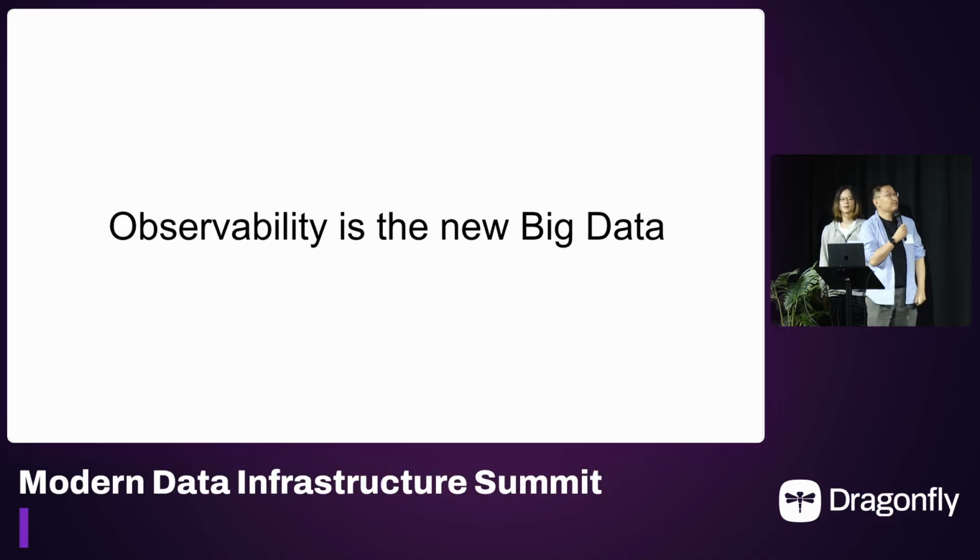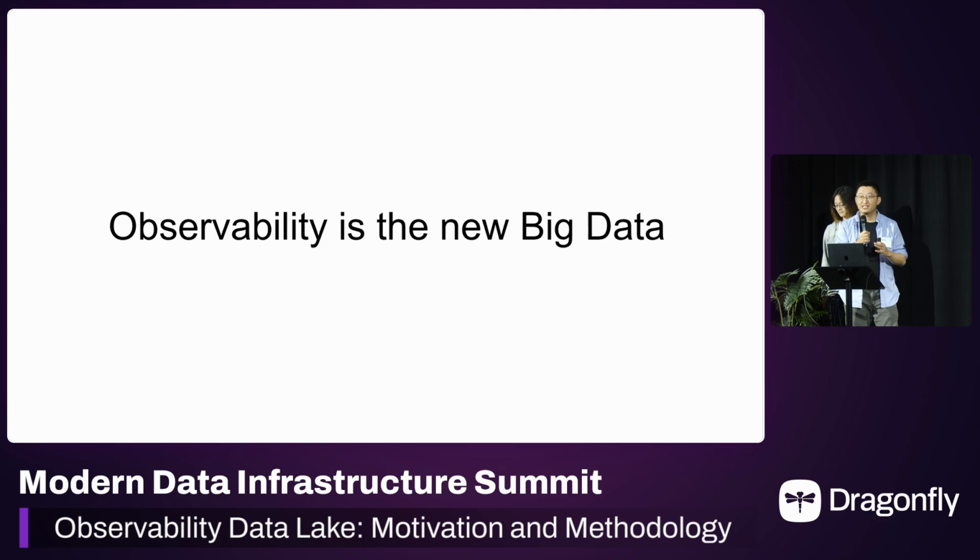So observability is the new big data. Observability is the big data for DevOps. We have been extracting all types of information using observability tools from the application state, the resource consumption, and maybe even cost.